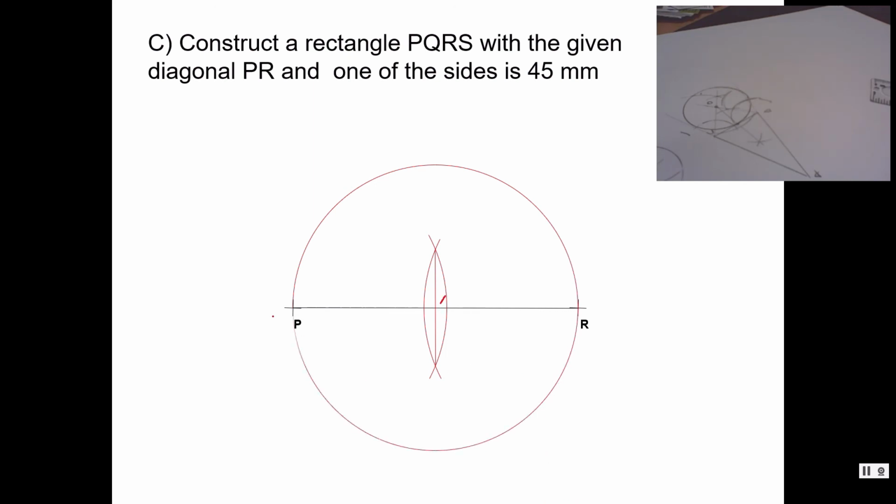Draw the circle according to the radius, and then you set the 45 mm from point P, and another 45 mm from point R to get Q and S. Okay, and then you can draw the rectangle.